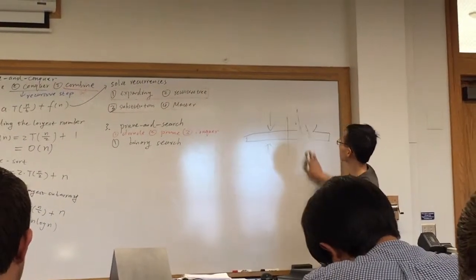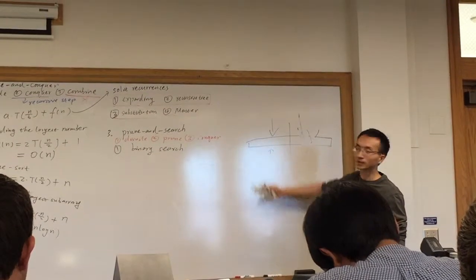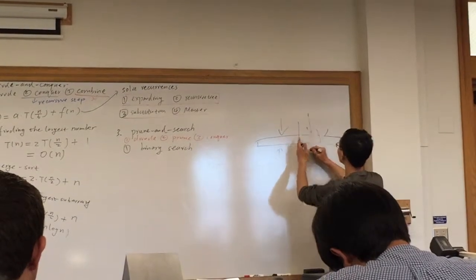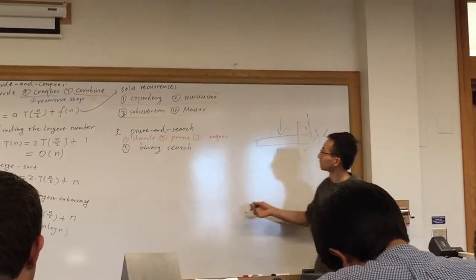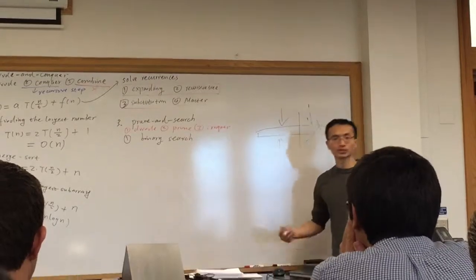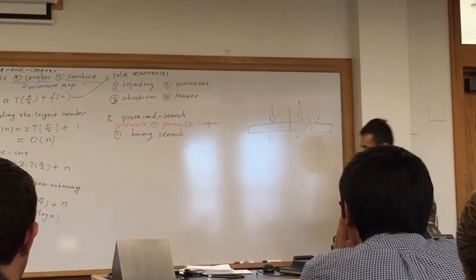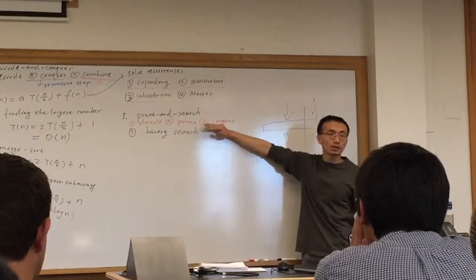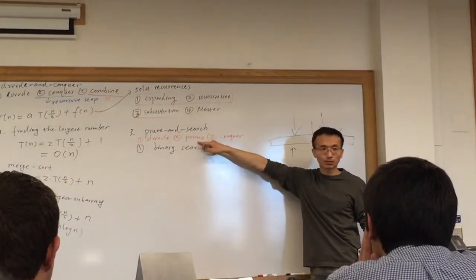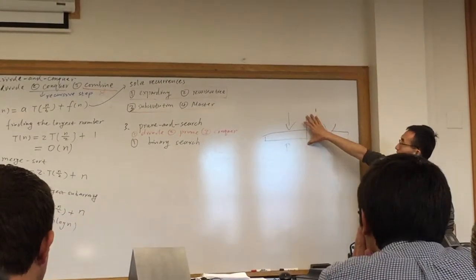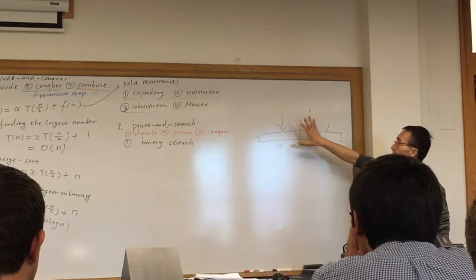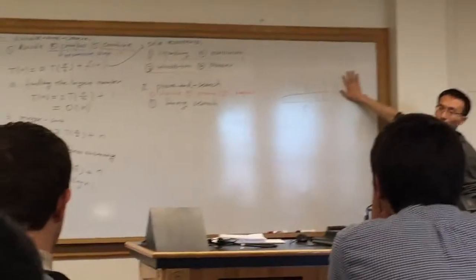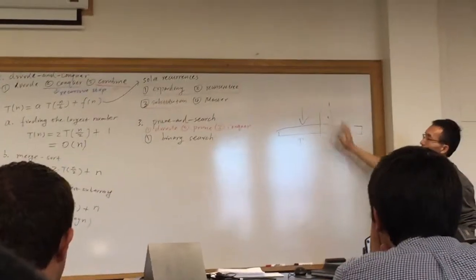But in prune search, you only work on some. And of course, we want to prune as large a portion as possible. And conquer is you work on this recursion. For prune search, the most difficult and most important part is the prune step. You need to find those criteria such that you can prune as large a portion as possible. That's the difficult part.